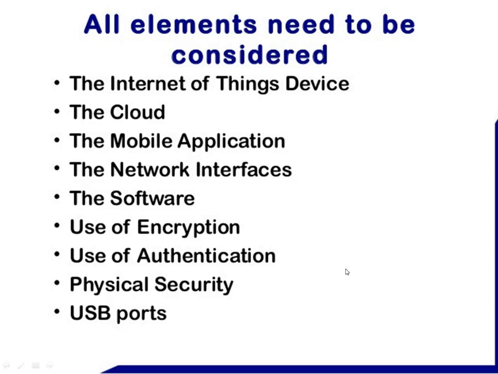Next, all the elements you see in this slide, around 9 elements, should be considered for the whole IoT. First, the Internet of Things device, then cloud, mobile application, network interface, software, use of encryption, use of authentication, physical security, and USB ports.